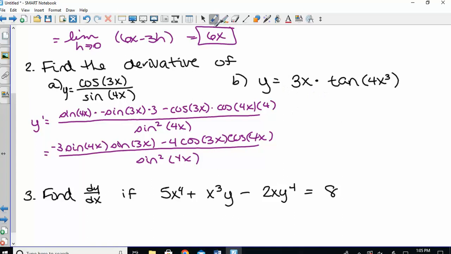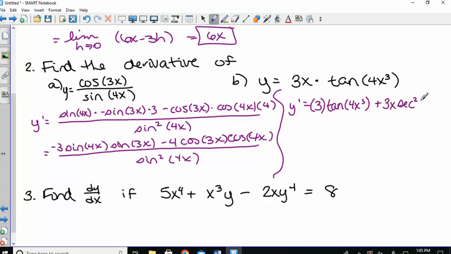All right, this one on B, what do we have to do? Product rule. Derivative of the first times the second plus the first times the derivative of the second.